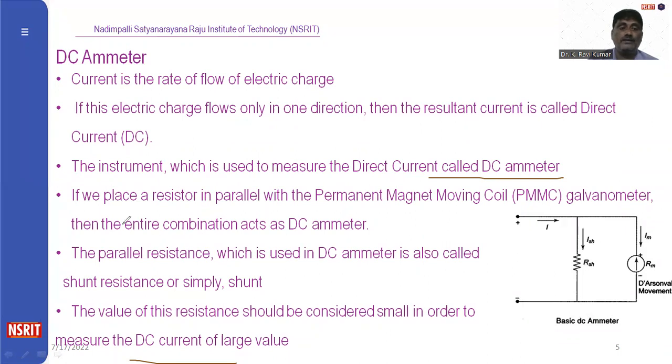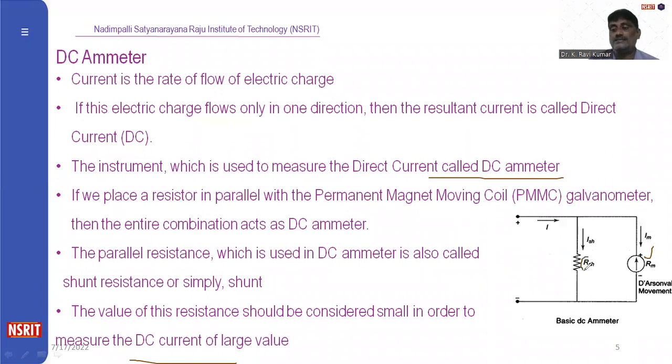If we place a resistor in parallel with the permanent magnet moving coil, that is the PMMC galvanometer, then the entire combination acts as a DC ammeter. The parallel resistance used in a DC ammeter is also called a shunt resistance or swamping resistance.